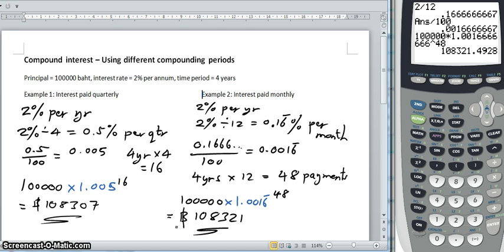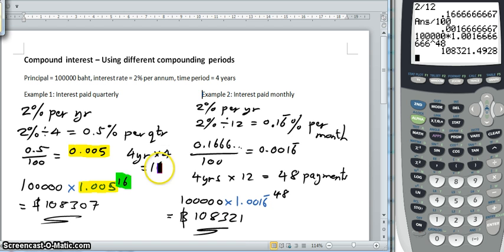Okay. Let's just have a look and do some highlighting here. The 2% per year has to be quartered. Alright, and these are the numbers that you're getting. This is your multiplier, which comes from your interest rate. This is your number of payments.